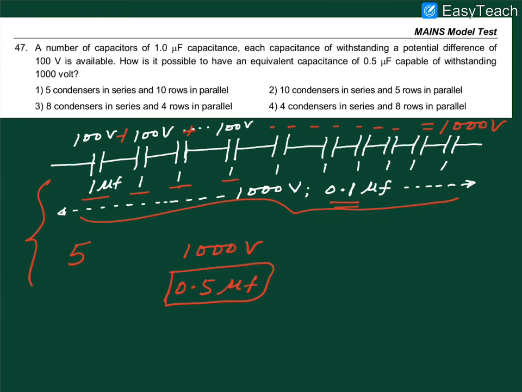So finally, we need 10 capacitors in series in each row, and 5 rows in parallel. So each row has 10 capacitors, multiplied by 5 rows. The answer is 10 capacitors in series, 5 rows in parallel.